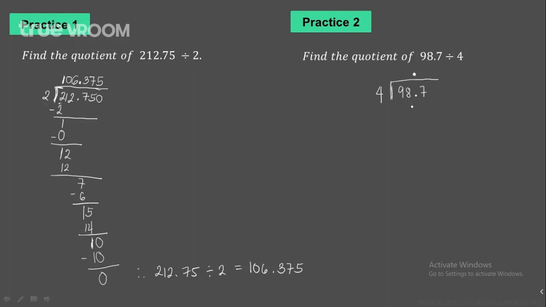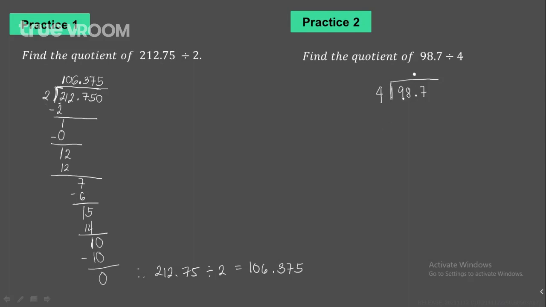Now divide all the numbers. So we have 987. Let's start with 9. Can we divide 9 by 4? The number on your dividend must be bigger than your divisor.